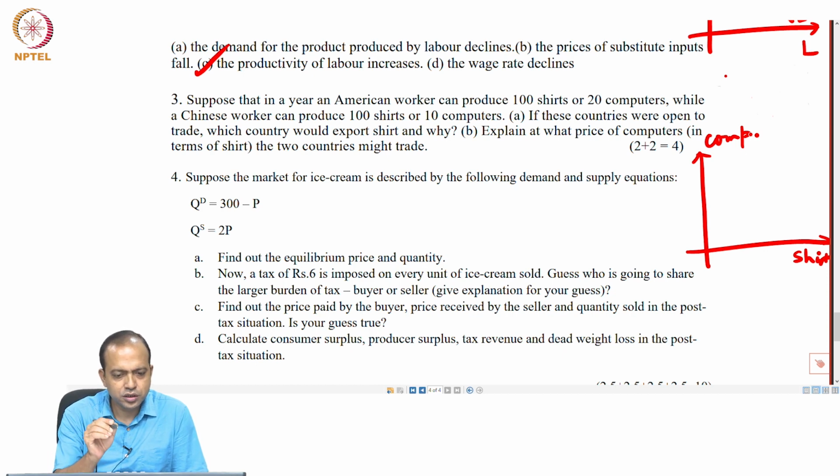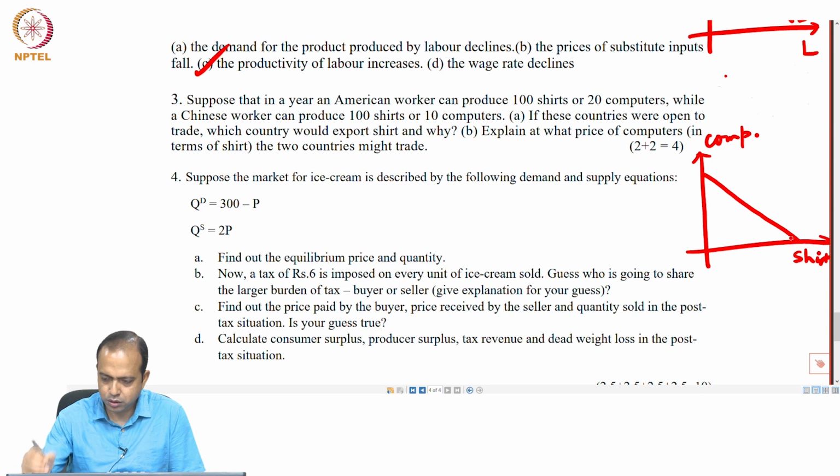So, first the American worker: 100 certs and 20 computers. Let us say this is 100 and this is 20. Just assume for the time being.